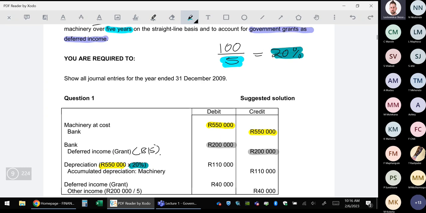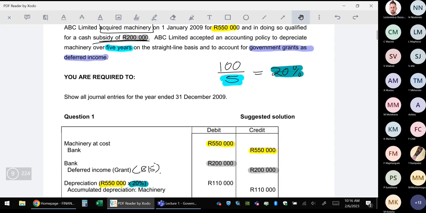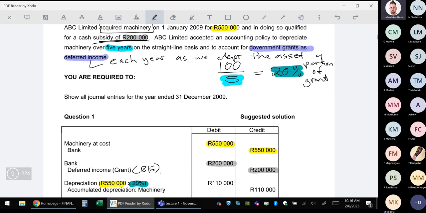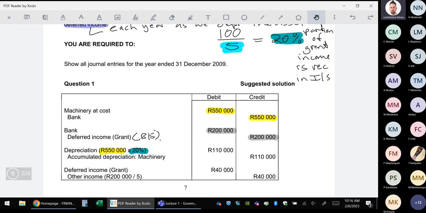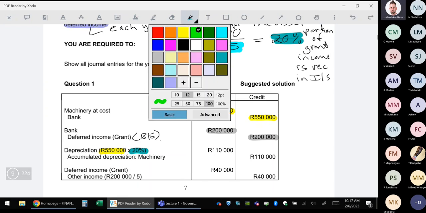So if it is deferred income, each year as we depreciate the asset, a portion of the grant income is recognized in the income statement. So we transfer from the deferred grant account to the income statement.